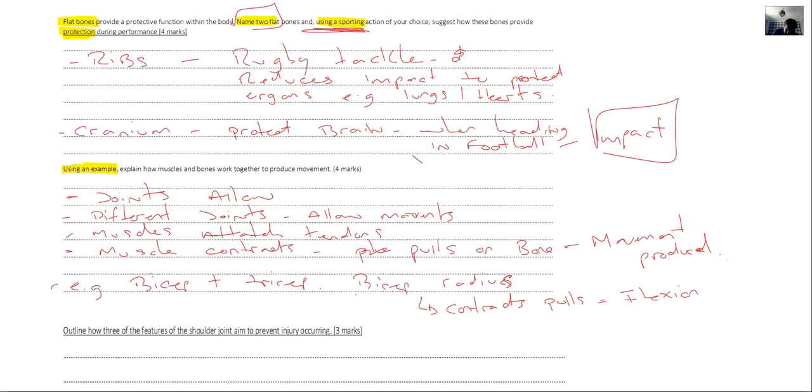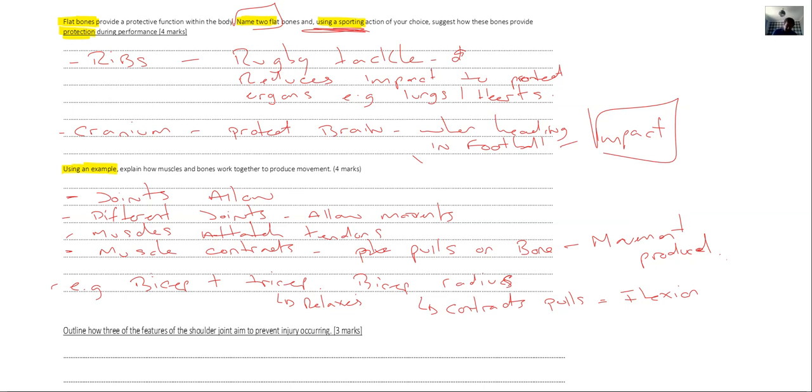Okay, you would also obviously say in there, sorry I skipped it, that the tricep relaxes. Right, that contracts, pulls the bone, flexion occurs. So there's our example. Okay, it doesn't say using a sporting example. You could use a sporting example if you wanted to. It just says using an example. So I've used the bicep and the tricep. That is now a 4-mark answer.